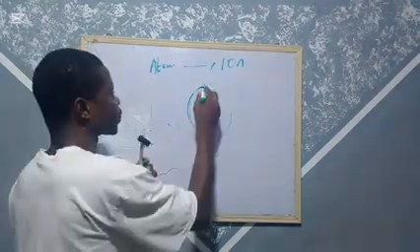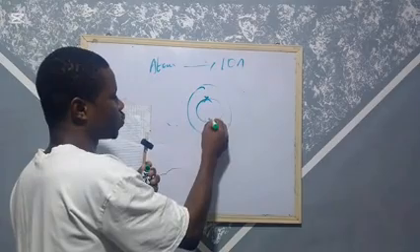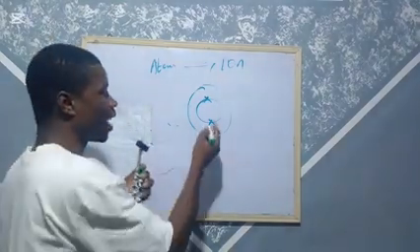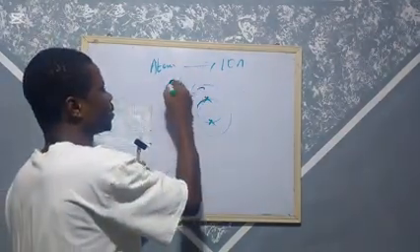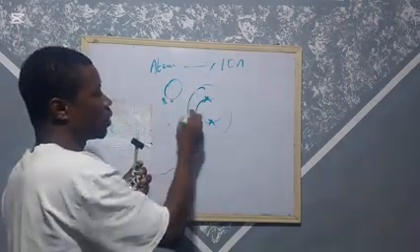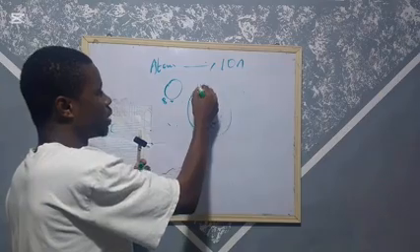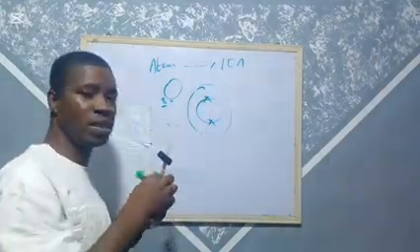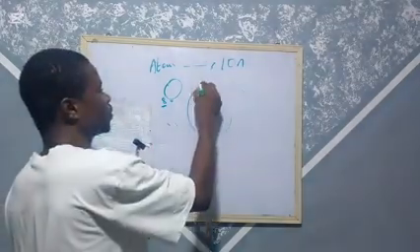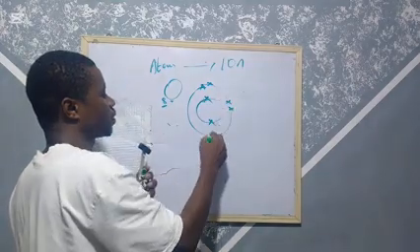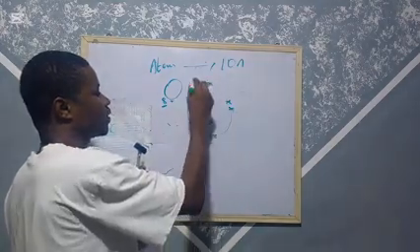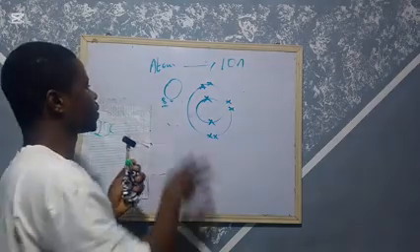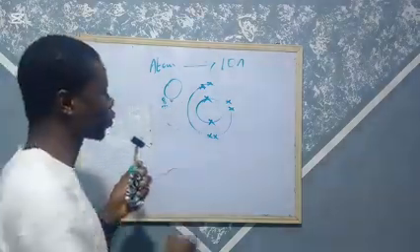So the first is 2, while the next shell is supposed to contain 8. But remember we are drawing that of oxygen, so we fill in the remaining 6 to complete 8, which is the atomic number and also the electron number. So we have 6 left: 1, 2, 3, 4, 5, 6. If you count everything, it gives you 8. Now this is the oxygen atom.